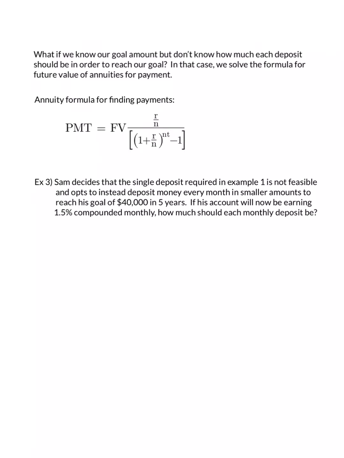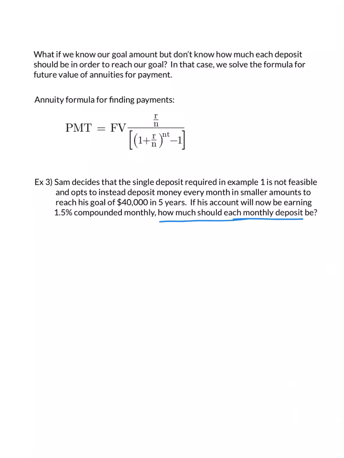So how am I going to tell that this is an annuities problem instead of a single deposit problem? Well, first of all, we are talking about that he should make monthly deposits. That's telling you that you're going to make deposits more than once. And when it says how much, that's telling you that payment is what you're looking for.